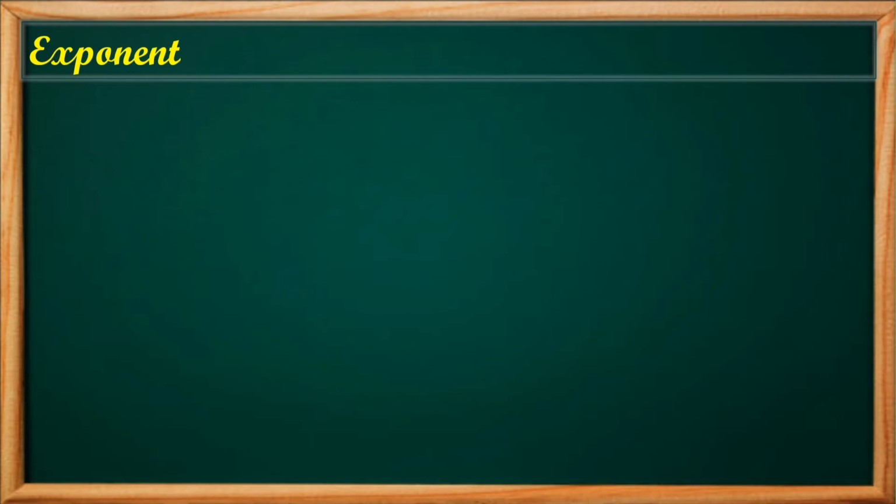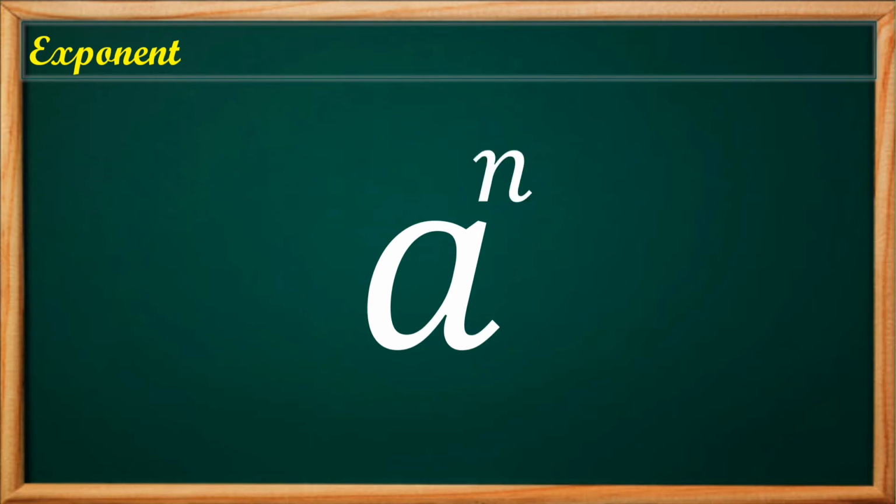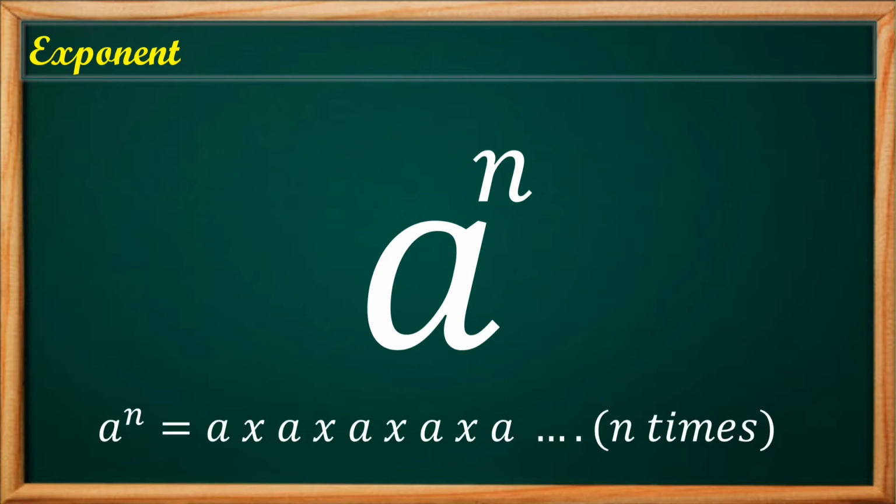Before that, konting review muna tayo about the exponents. If we have here a raised to the power of n, then it means a times a times a and so on, n times.